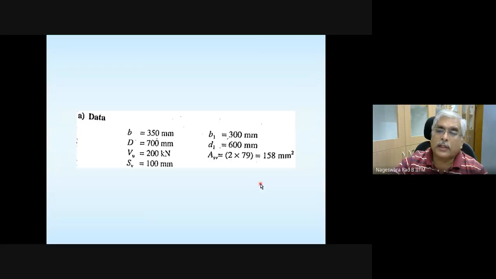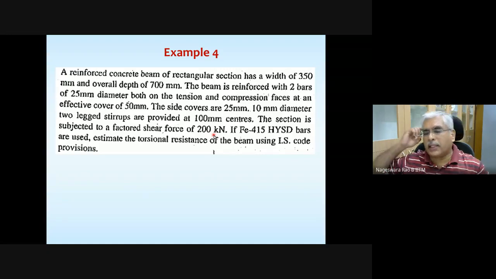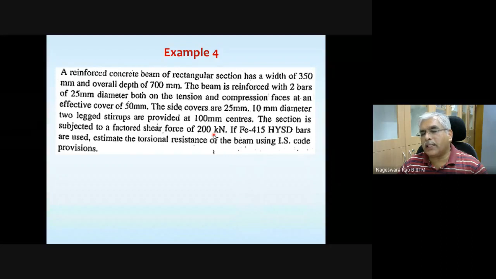even though it is mentioned that a section is subjected to a factored shear force of 200 kilonewtons, even though this information is given, if the beam is simply supported, shear force is going to be 0, direct shear is going to be 0 at the center, and it's going to be maximum at the supports.